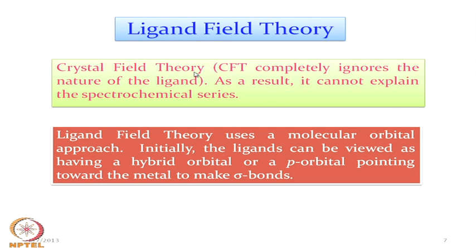Since we have ignored the nature of the ligand, we are unable to explain in terms of crystal field theory the spectrochemical series. That means why some ligands are strong field ligands and others are weak field ligands, though the interaction is not purely electrostatic in nature.